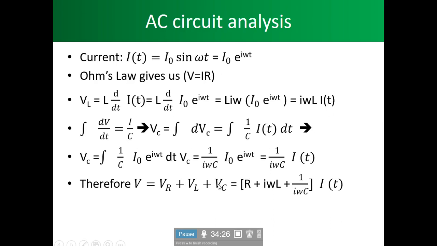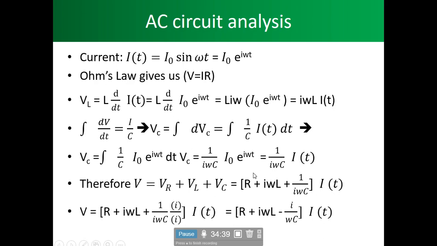And then what did we say for the capacitor, the voltage for the capacitor? 1 over j omega C, and all of this is multiplied times I(t). Yes, so this is how you solve it.